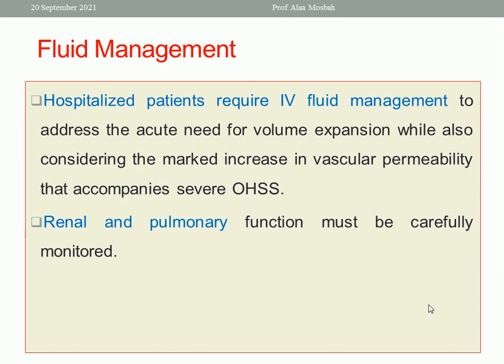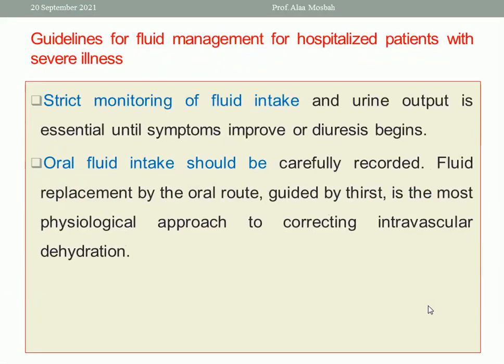Renal and pulmonary function must be carefully monitored. Strict monitoring of fluid intake and urine output is essential until symptoms improve or diuresis begins. And this is a very important sign, by the way. Beginning of diuresis is a good sign that the patient is improving.